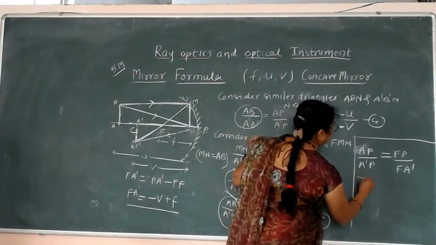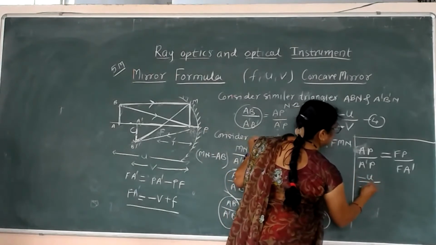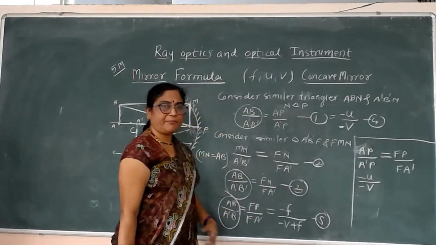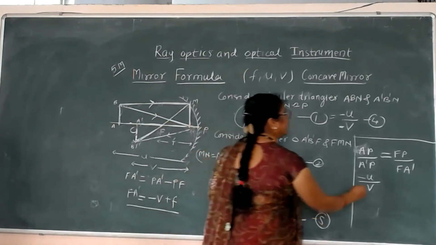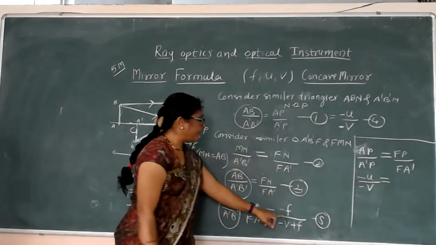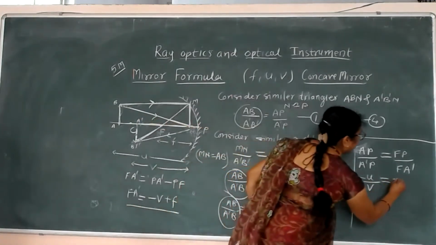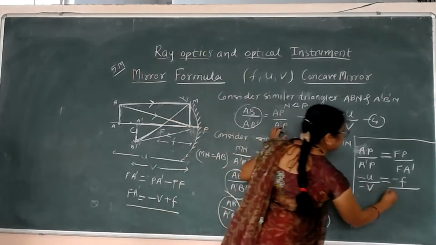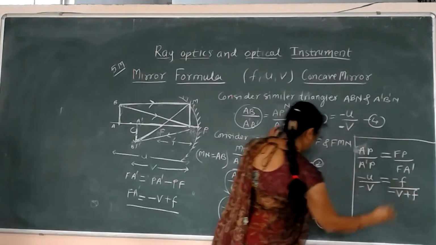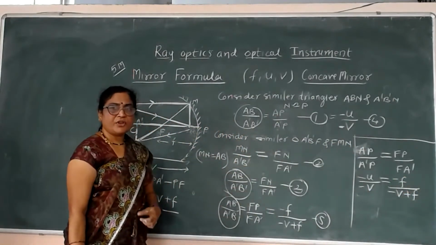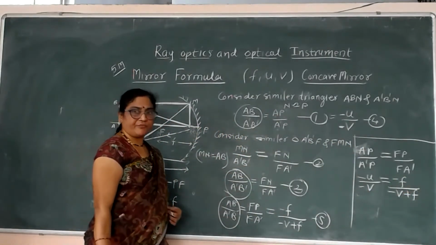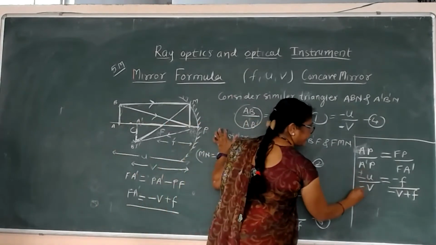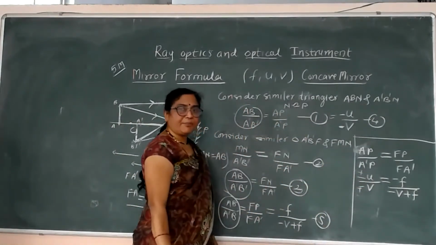Those values are minus U divided by minus V, equal to FP, which is minus F, divided by this value, minus V plus F. So cross multiply this equation.